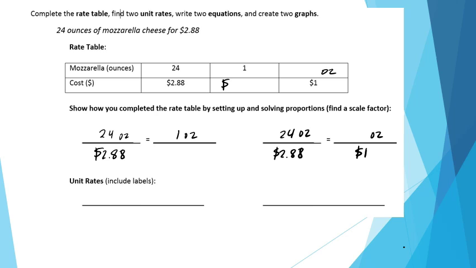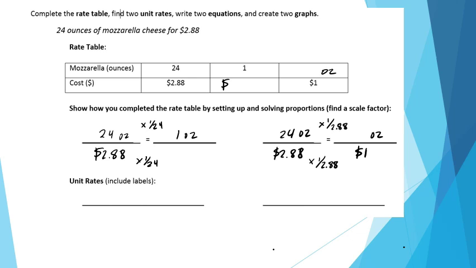The first one here, I'm getting 24 times smaller. So that's times 1/24, or also divided by 24. And in the other situation, I'm getting $2.88 smaller. So times 1 over $2.88. Or I could think about that again as dividing by $2.88.